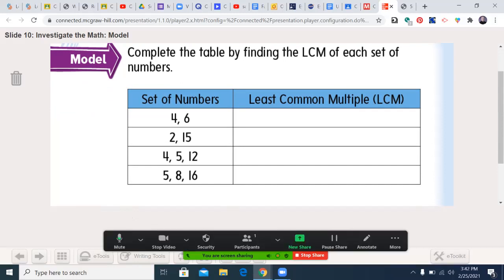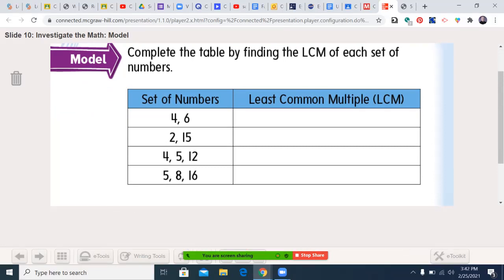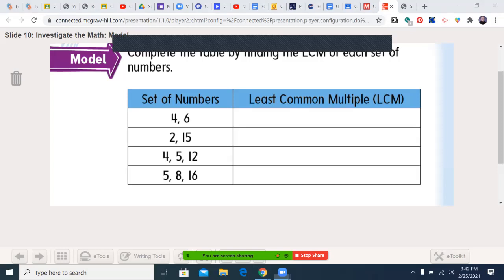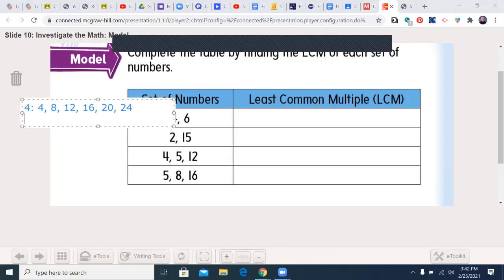So first off, with 4 and 6, let's grab our annotation tool. We're going to do a couple of these, but not all. For 4, my multiples are 4, 8, 12, 16, 20, 24, and for 6, 12.